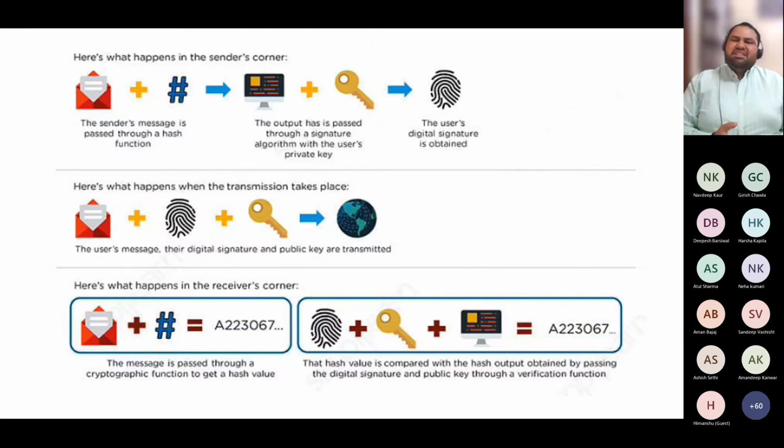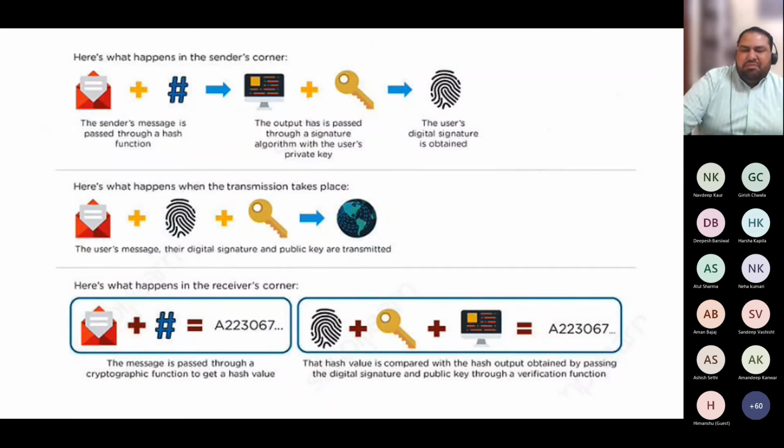Once that is done, the message plus the digital signature and the public key are transmitted over the network to all the nodes. And at the receiver's end, the message is passed through a cryptographic function to get a hash value.